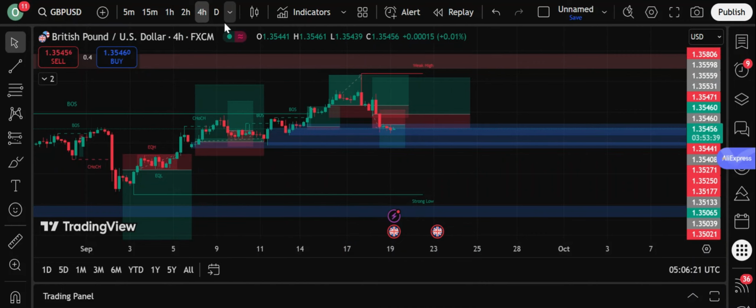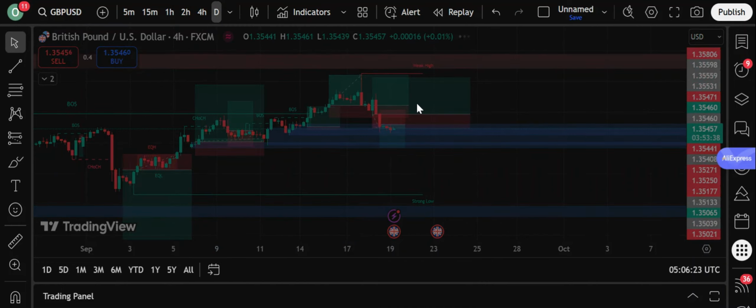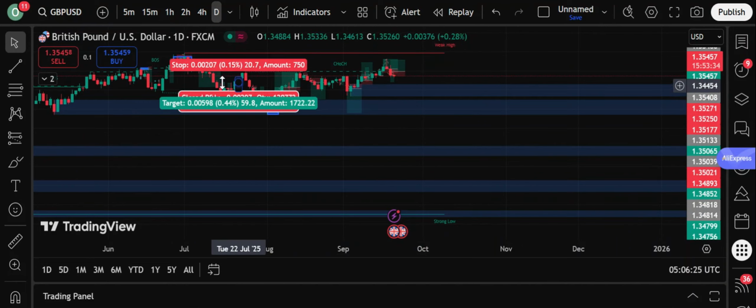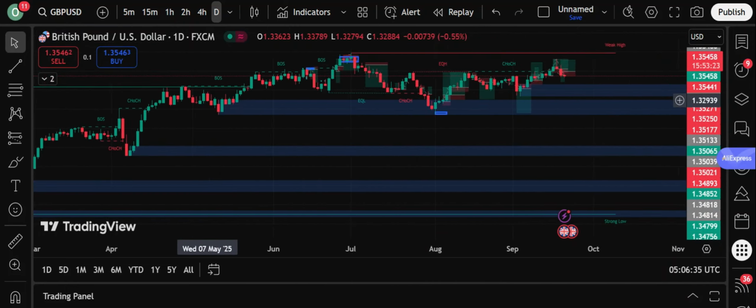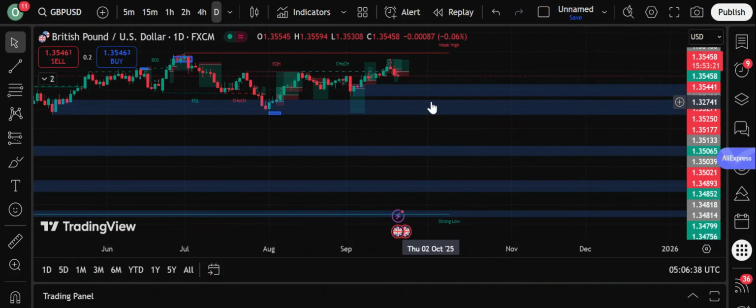Looking at it on a daily time frame, you can see that the market is actually consolidating here. On the long run, if you look at the weekly time frame, you see that the market is actually bullish. But we still want this inducement here to happen because there was a market structure shift.